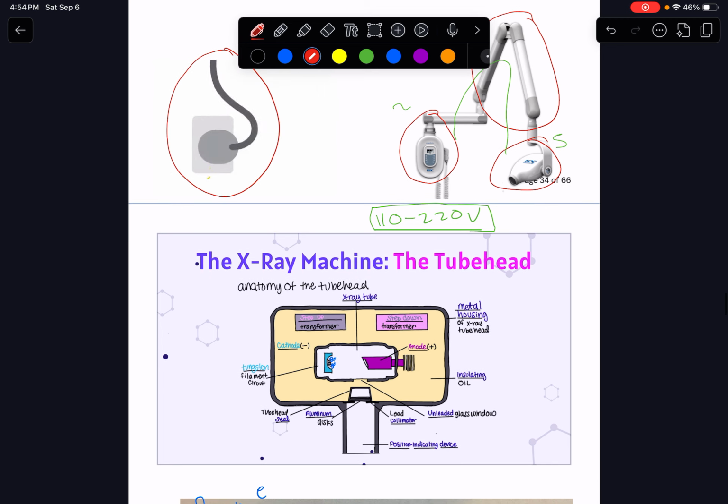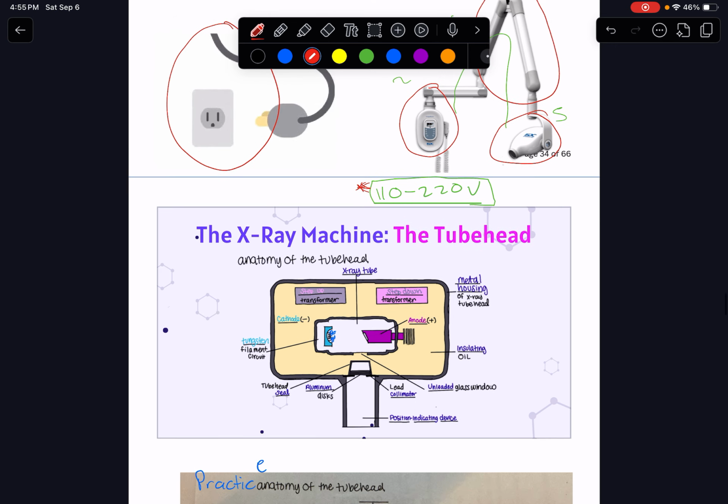Because we turned on the unit, and because it already has electricity from that cord, the standard voltage is 110 to 220. She didn't want us to memorize this number. I did ask her about that, but I'm not sure. Maybe you guys can ask her too, because that's just the standard voltage.